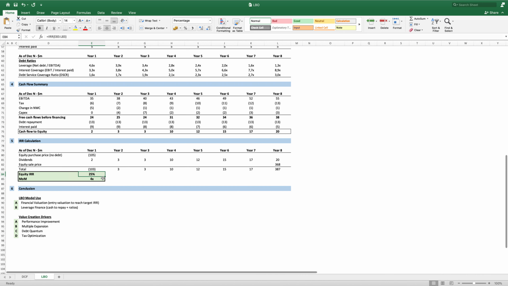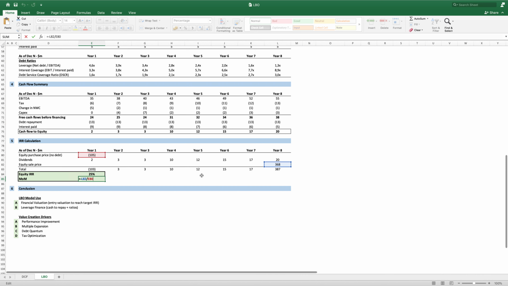So usually private equity sponsors target 20-25%. In the good times, in the bad times, they may target a little bit less. The other concept which is interesting to check is the money multiple. So it is a very basic concept.